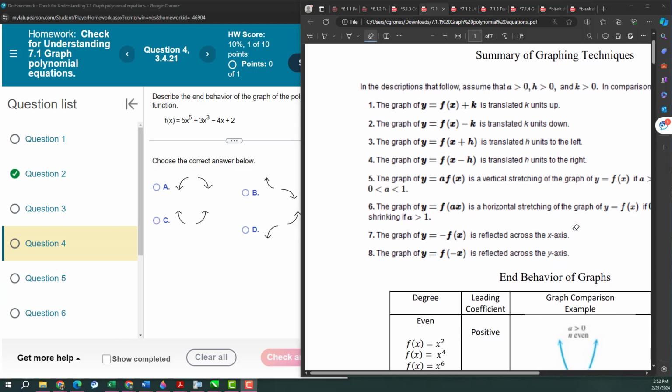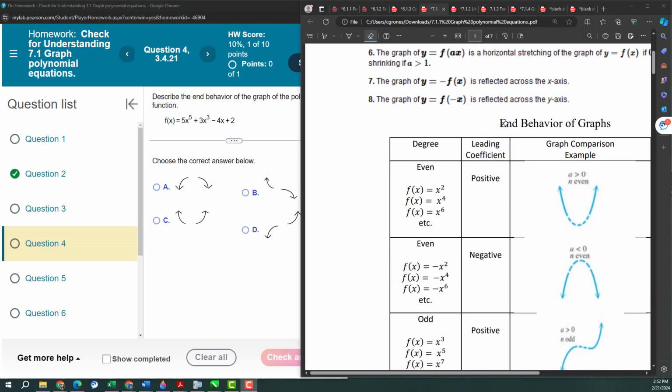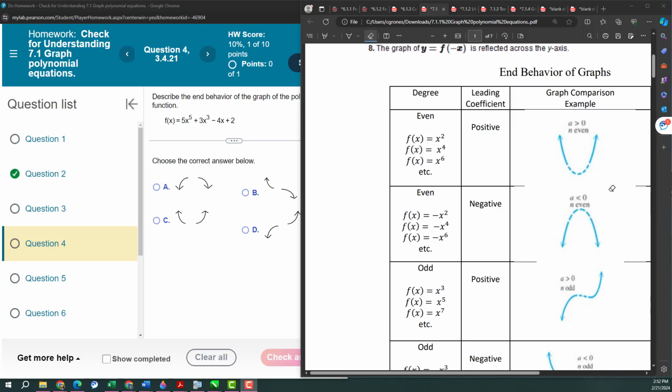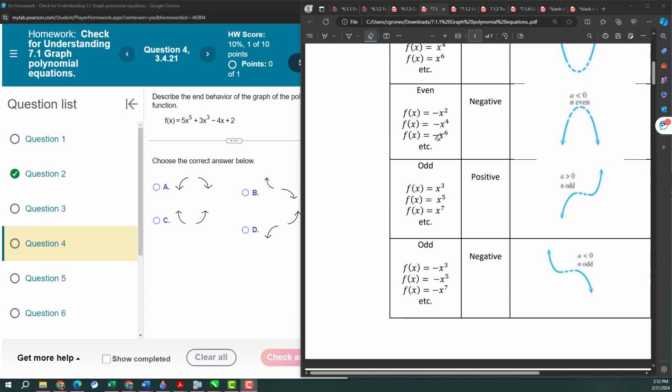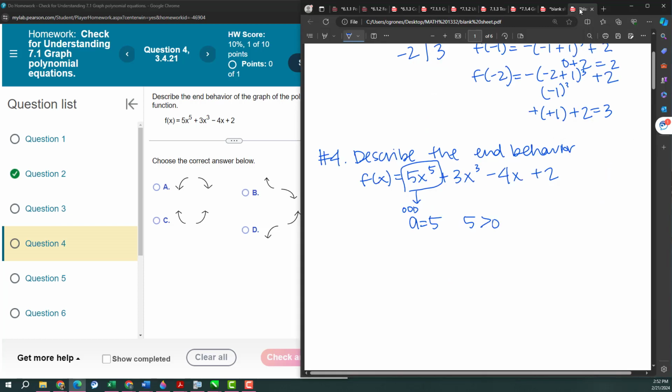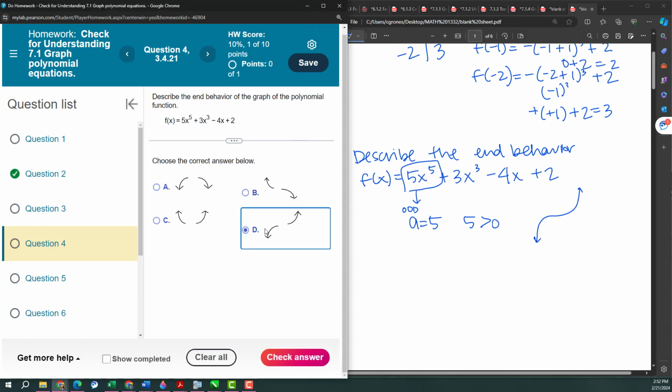If we look at our notes, it does have some examples of the end behaviors of graphs, and we want to look where x is x to the 5th. It is positive, so it's going to follow this graph over here. So what our graph is going to look like is this. So our end behavior is going to be like letter D.